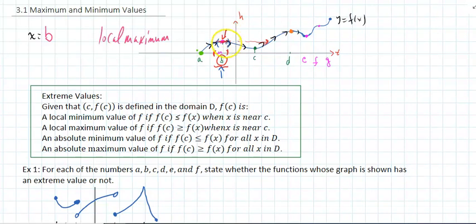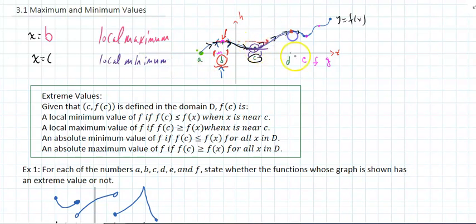If I keep on walking, when I get to point C, I notice that at x equals c, I am at the bottom. That is, if I look to my right, I'll be going up. If I look to my left, I'll be going up. That's the definition of a minimum. But since I'm only looking in a small interval, we call that a local minimum.